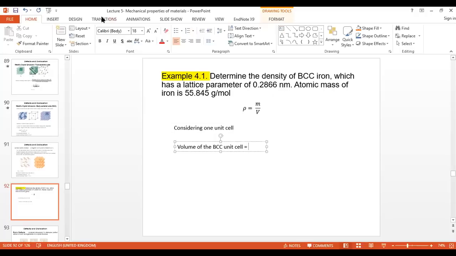So you can write it like this. The value is in nanometers, so we can convert into meters. To convert into meters, you have to multiply by 10 to the power minus 9.